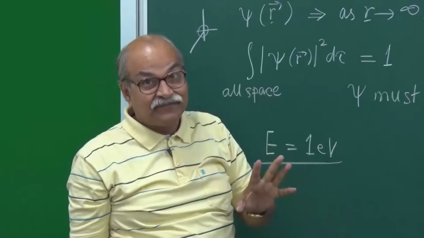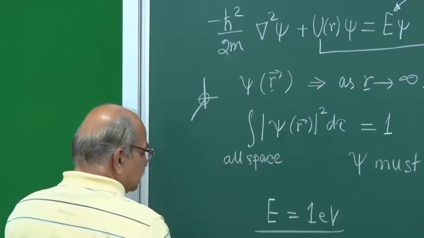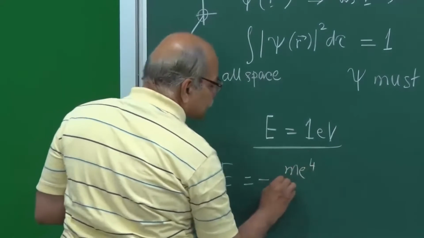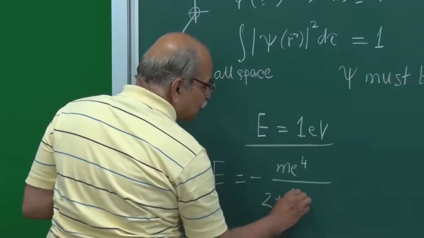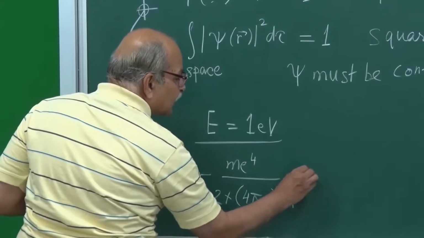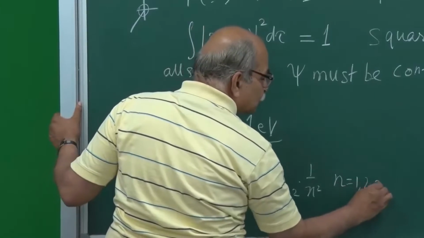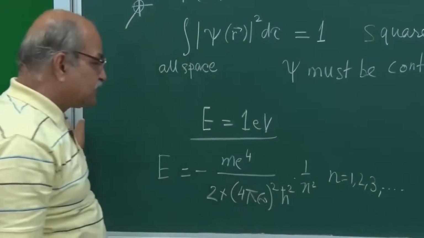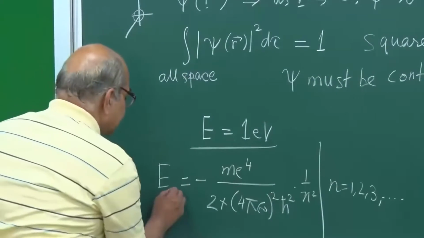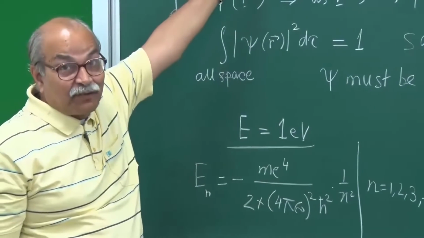So that's the first thing. In this particular case, it turns out that those energies are given by minus m e to the fourth divided by 2 into (4 pi epsilon naught) square h cross square, times 1 by n square, where n is equal to 1, 2, 3 and so on, some positive integer. Only for these values of energy, which we can write as E n, are there functional forms psi.